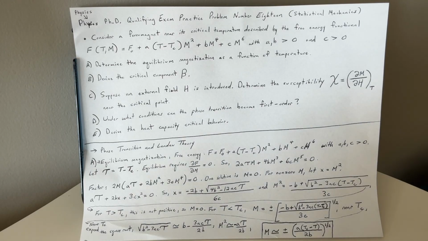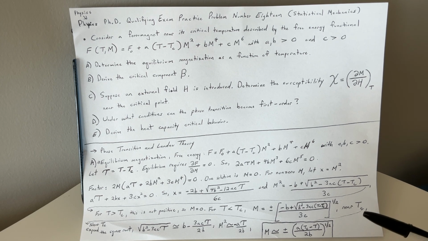So for T greater than T sub C, this value is not positive, so M equals 0. And for T less than T sub C, M equals plus or minus the quantity in brackets, negative B plus square root of B squared minus 3AC times the quantity T minus T sub C in the numerator over 3C in the denominator, raised to the 1/2 power.